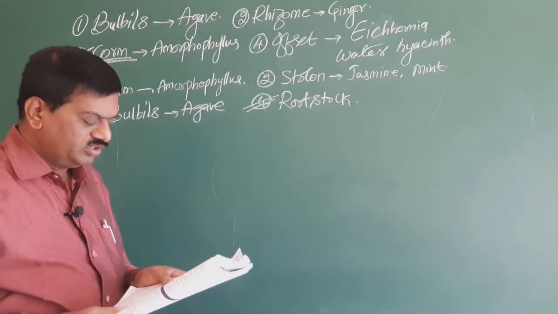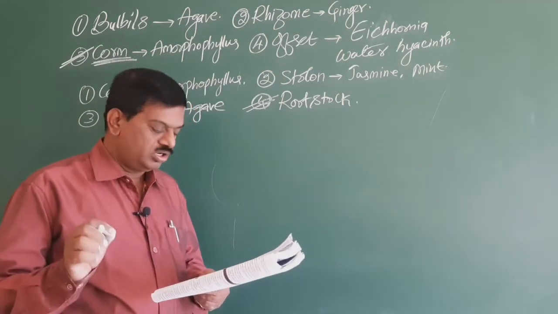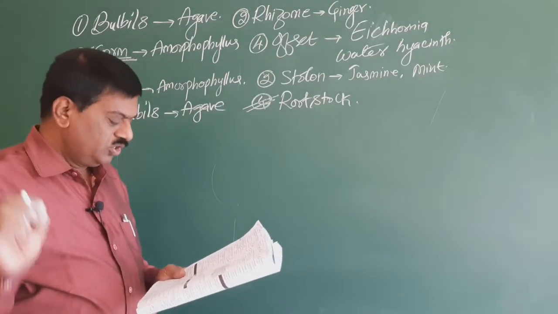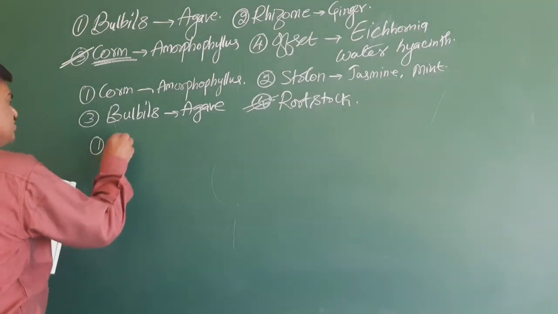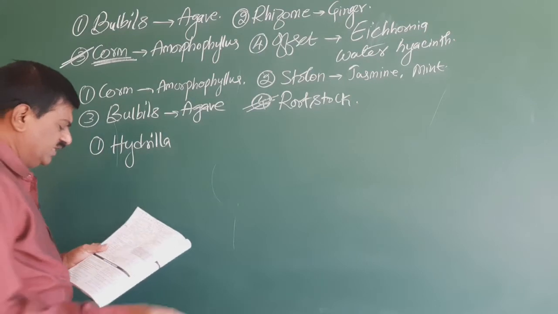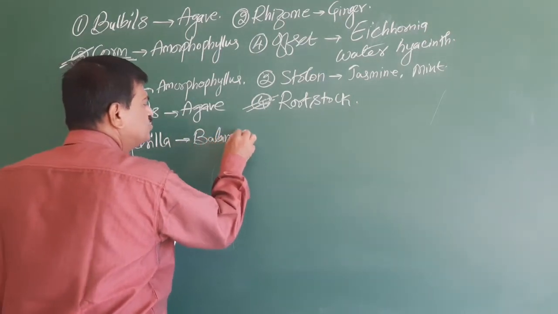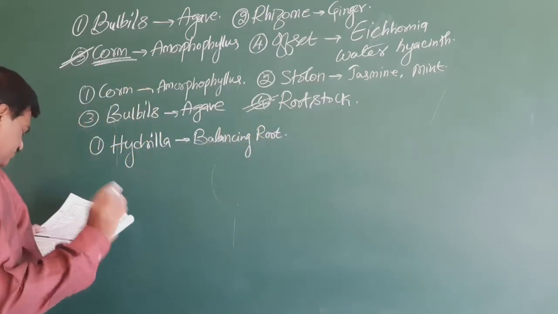So we go for the next question. Pneumatophores are the characteristic features of. The first one is Hydrilla. This Hydrilla has the presence of balancing roots. Balancing roots are present in Hydrilla.